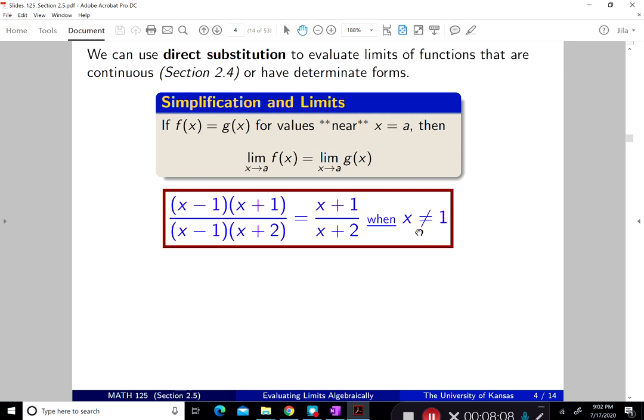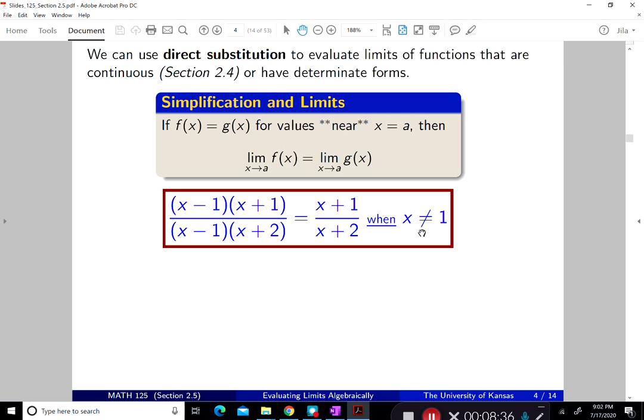When you specify the domain, when you say x is not equal to 1, you have to exclude the part that makes the left hand side not exist, so you can have the two of them be equal to each other.